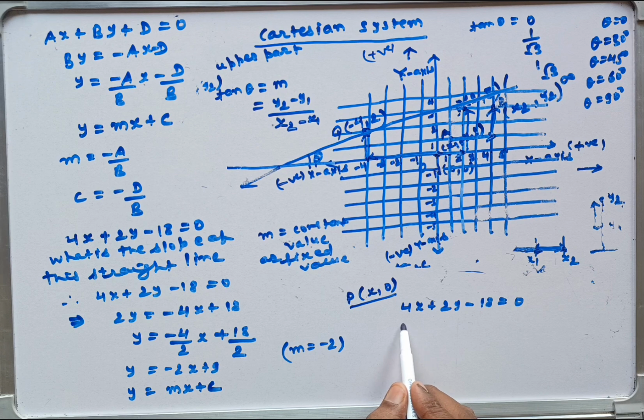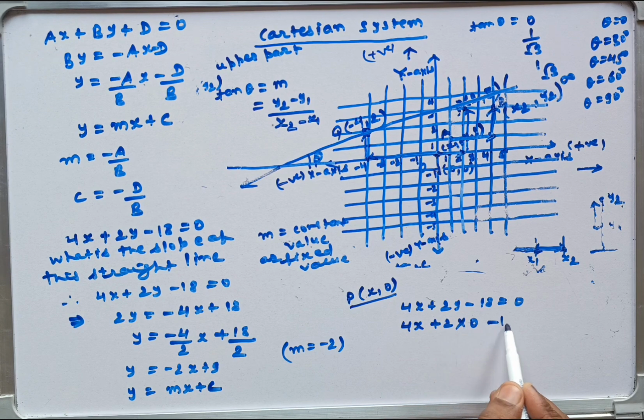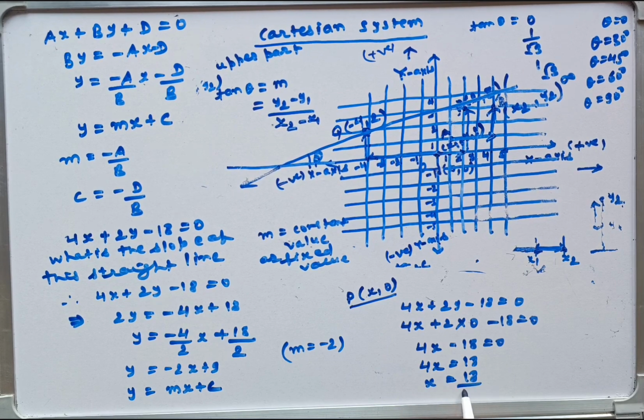So 4 into x plus 2 into 0 minus 18 equals 0. Finally you get 4x minus 18 equals 0, or 4x equals 18, so x equals 18 by 4, which is 9 by 2.